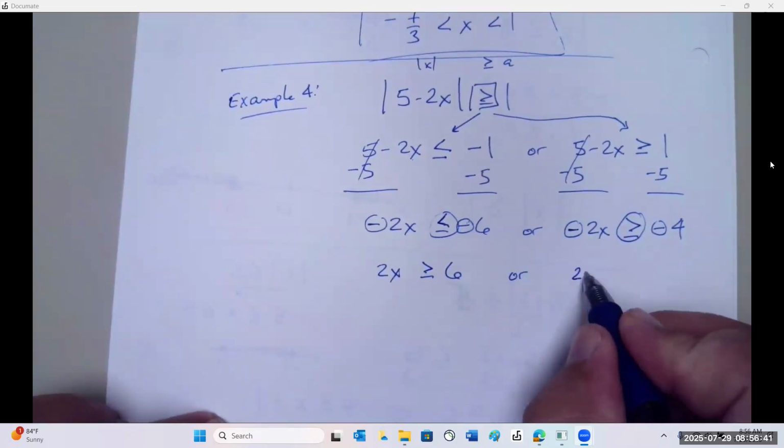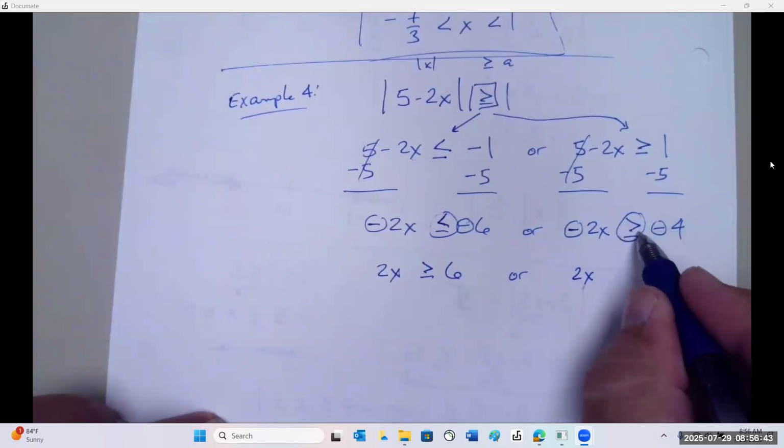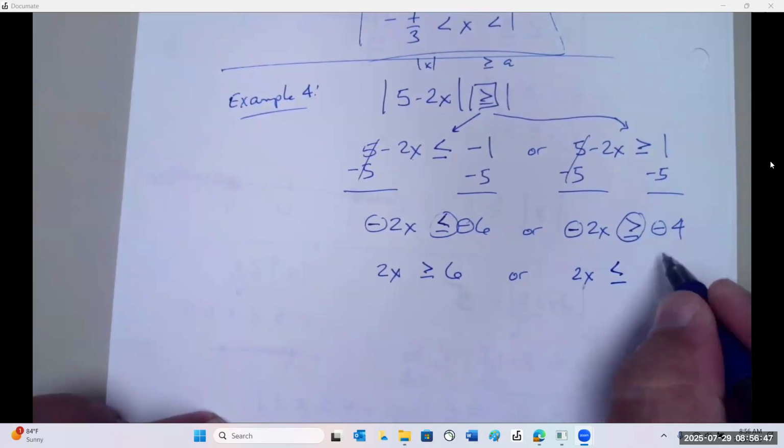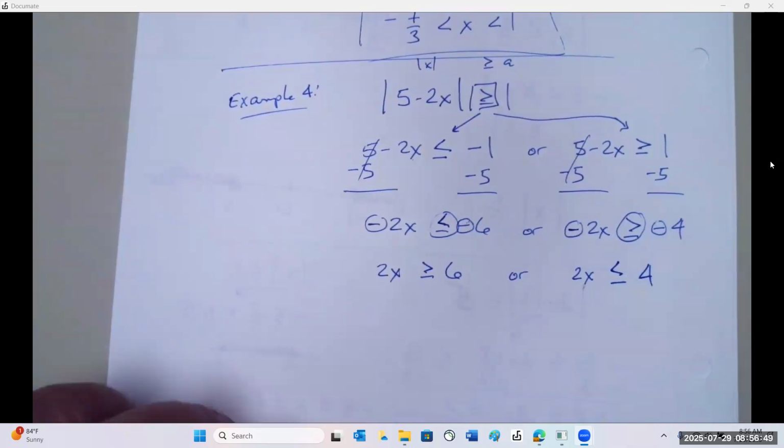Negative 2x becomes positive 2x. Greater than becomes less than, and becomes positive 4. Whenever you change the sign of x, you change everything across the equation. To remind you why, go back and watch the videos from section 1.6, inequalities.